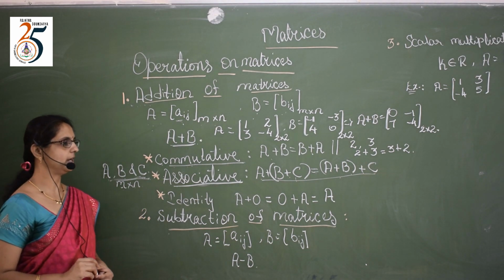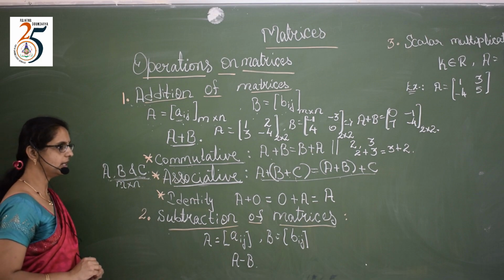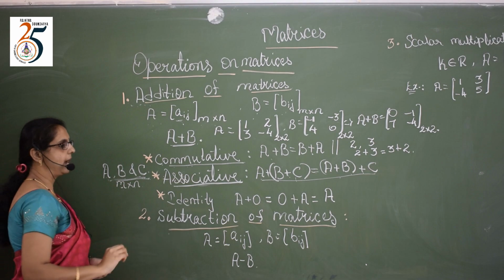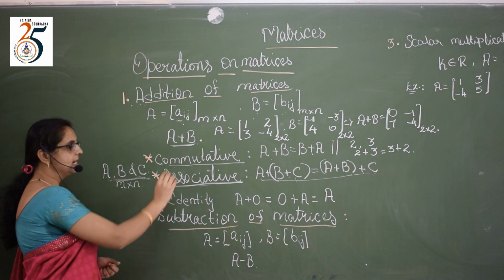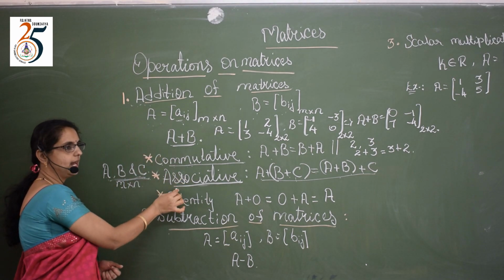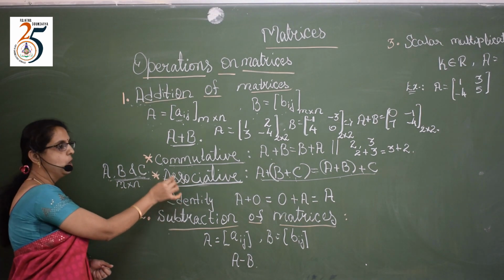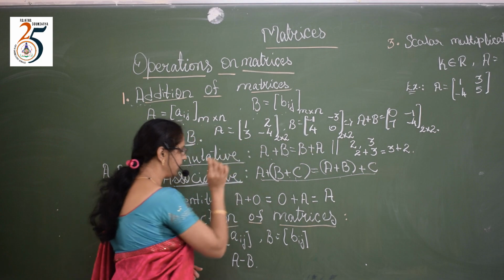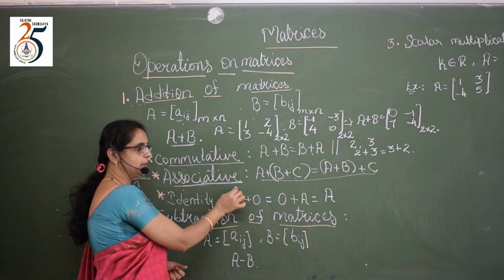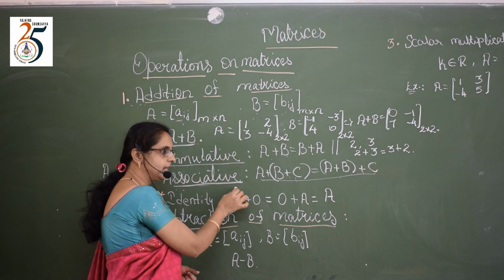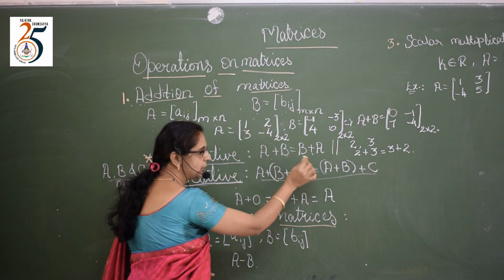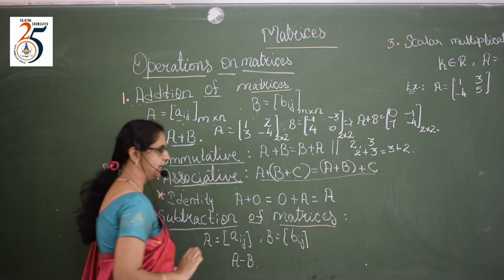Two very important points to remember: addition of matrices satisfies the commutative law as well as the associative law. The commutative law is A plus B equal to B plus A, and the associative law is A plus (B plus C) equal to (A plus B) plus C.